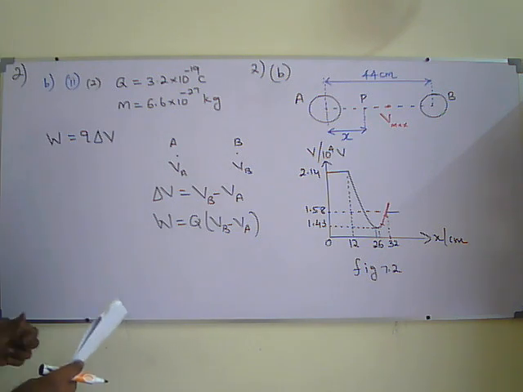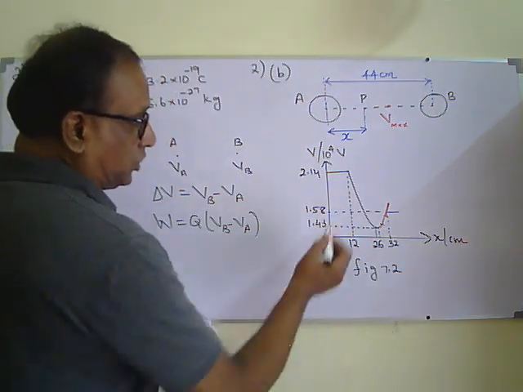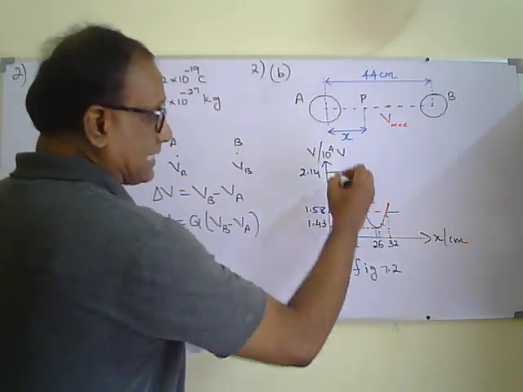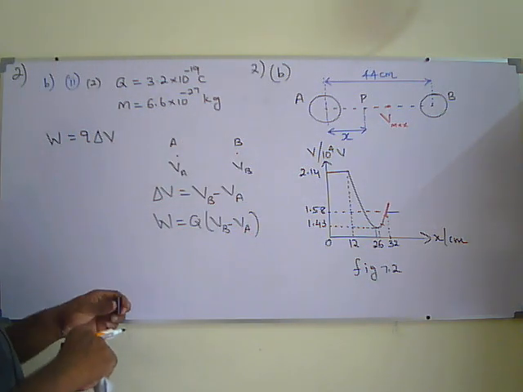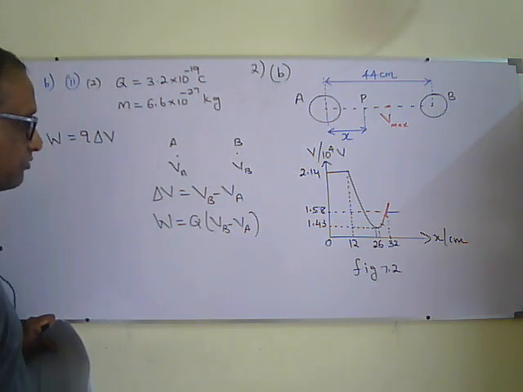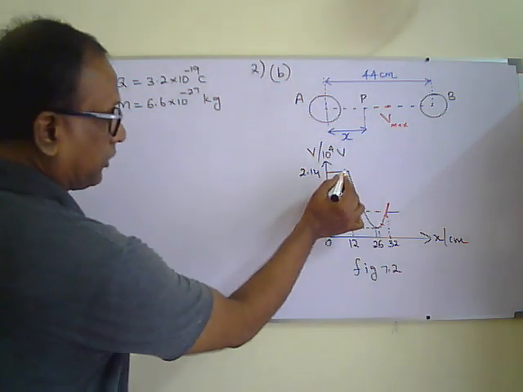Here it's moving from this point to this point, and we already explained it's accelerating, so I don't need to consider all these things, but if you want, you can. I'll show that. Find the work done where it moves from this point to this point.